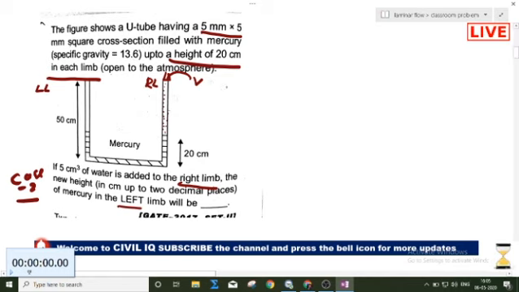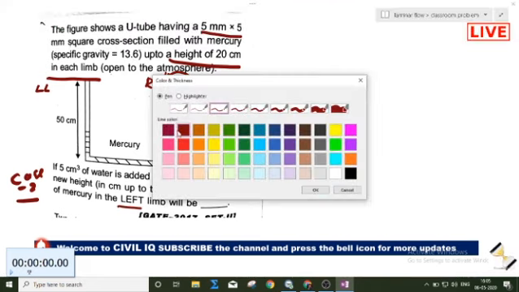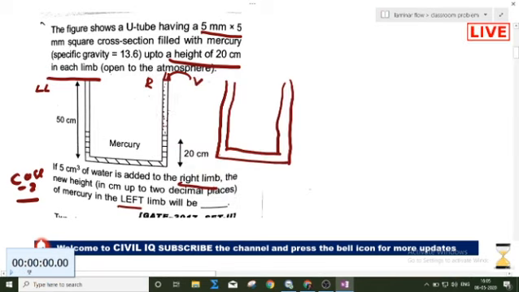So suppose I draw the second figure. This is the second case, in which the water has come. Suppose the initial level of mercury was this one.